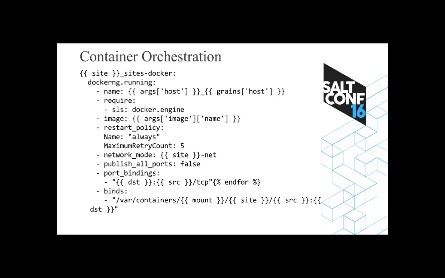I do believe that Docker NG is going to replace Docker IO. So, I believe it will take over that namespace at some point, but I'm not quite sure when. So Docker.engine is a state that's literally just setting up Docker on each individual host.